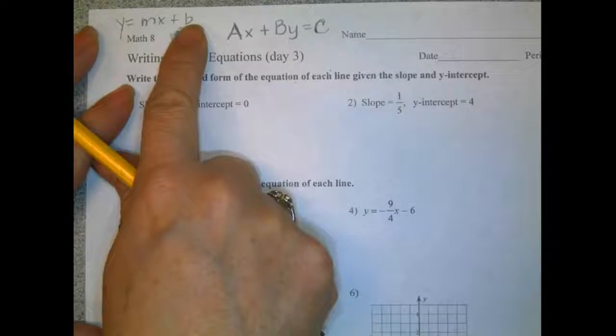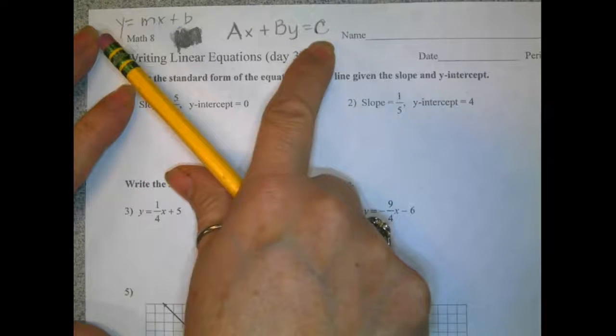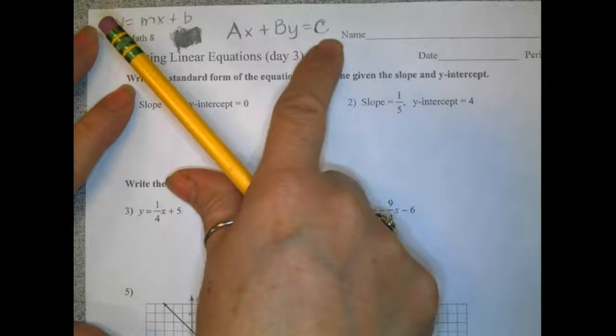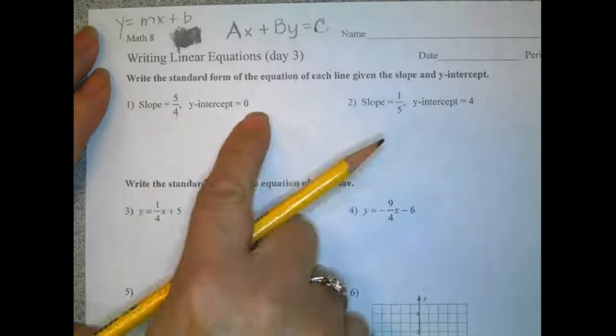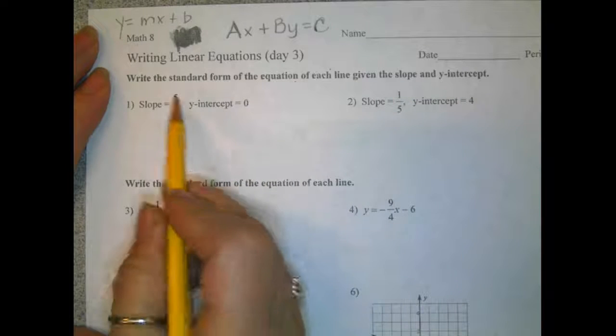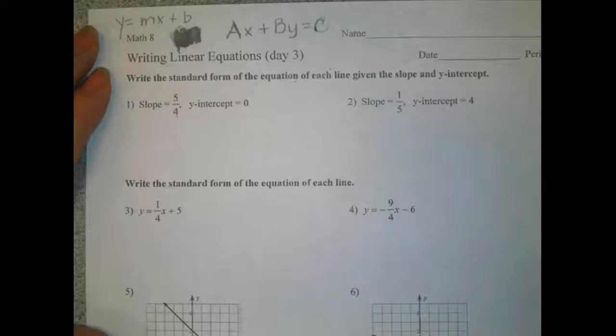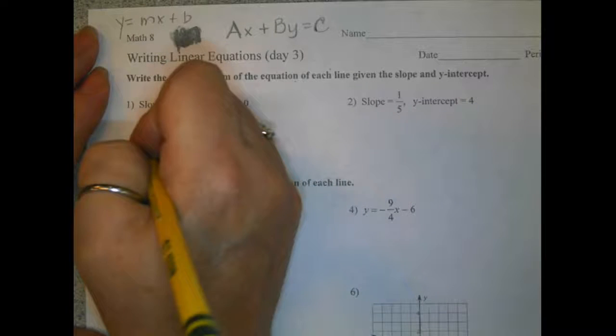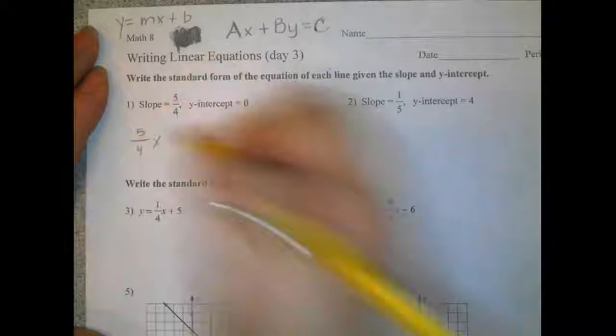And what about B? What do you think B would be in standard form? So let's take what we know here and put it into this format. What would be in front of x based on this information? Right, so 5 over 4x.